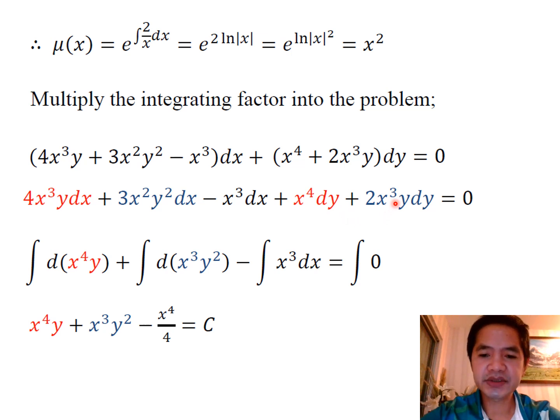And for this one, x to the third, the combination should be x to the second, or it can go to x to the fourth. In any case, if you don't know the combination yet, this term can go with this term or this term, right?